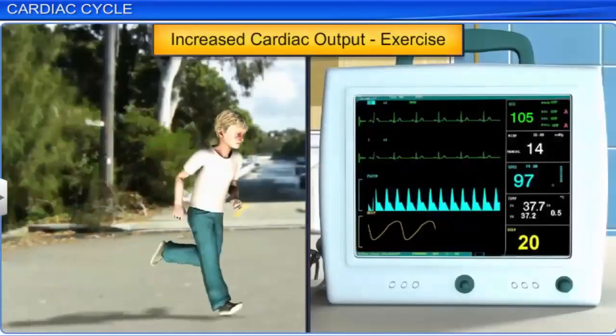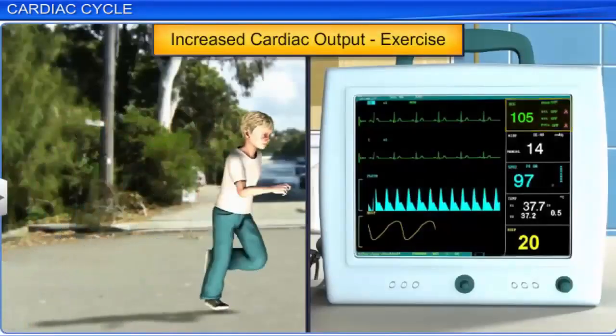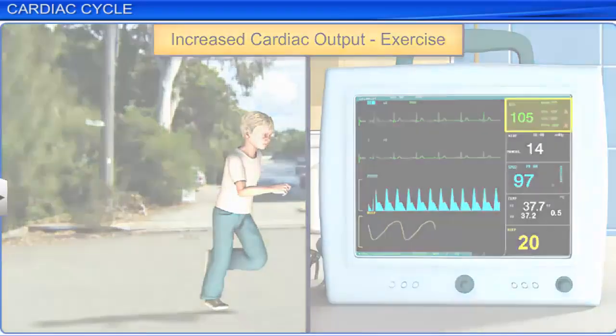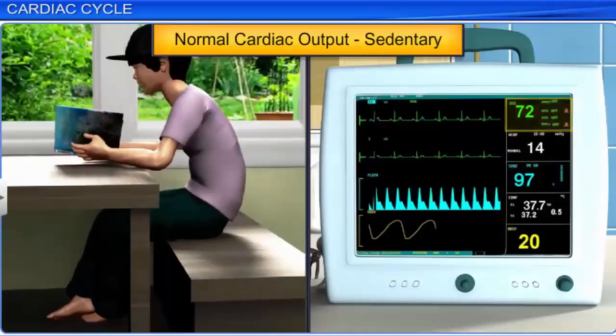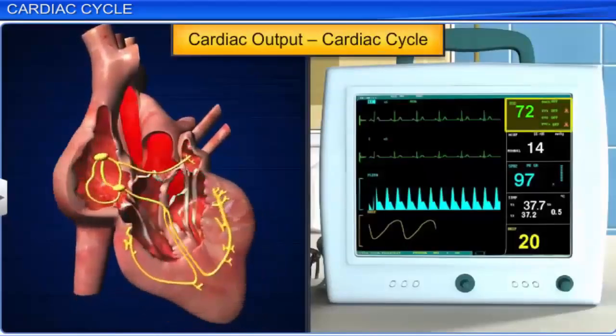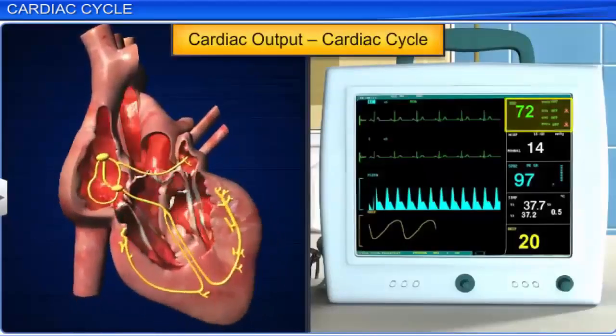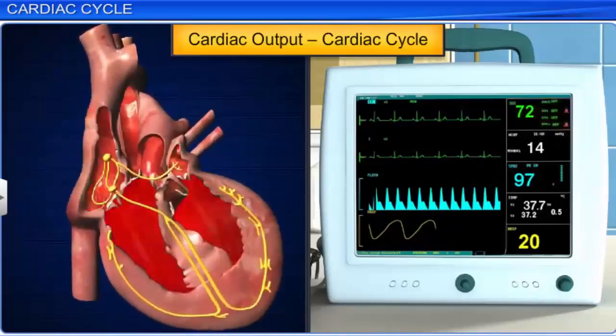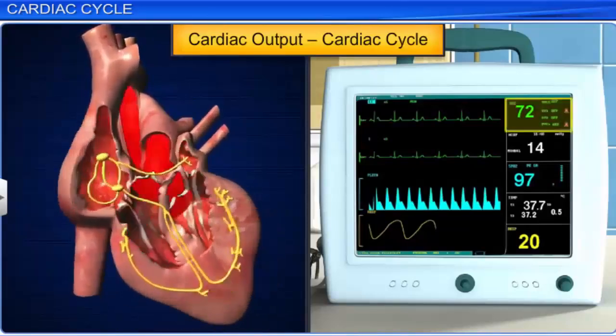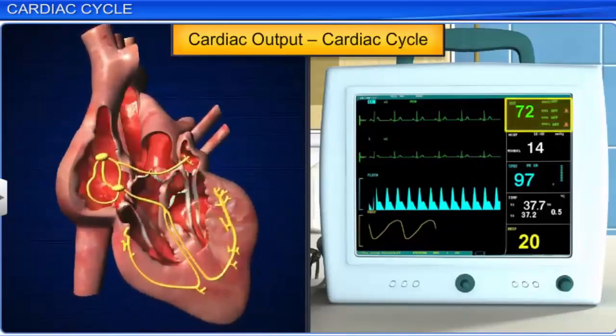In a healthy individual, the cardiac output is 5 liters per minute. But our body has the ability to increase cardiac output by 4 to 5 times during exercise and decrease it to return to normal at rest. Thus, the body can vary the cardiac output by controlling the cardiac cycle, which is driven by the transmission of action potentials.